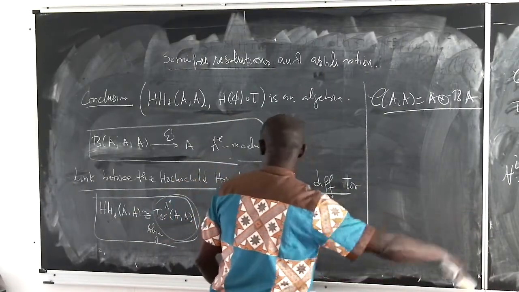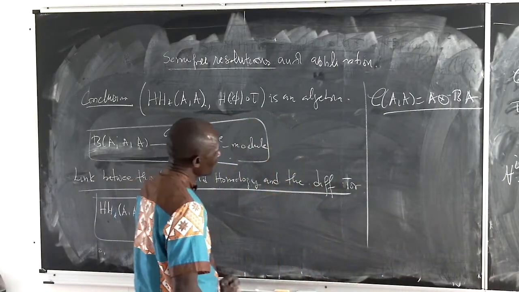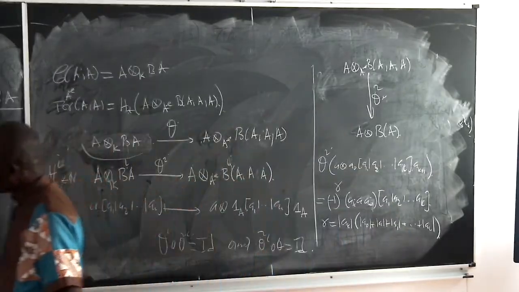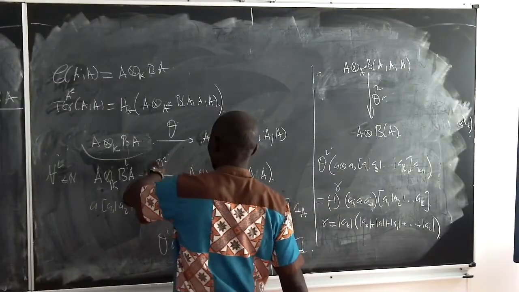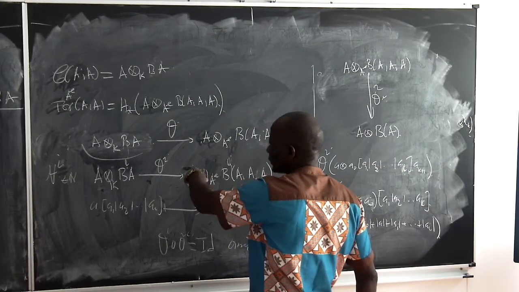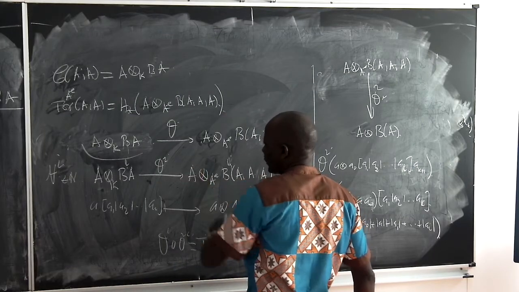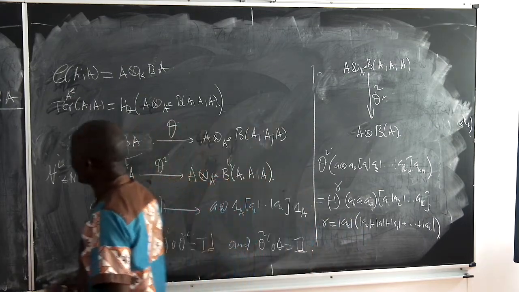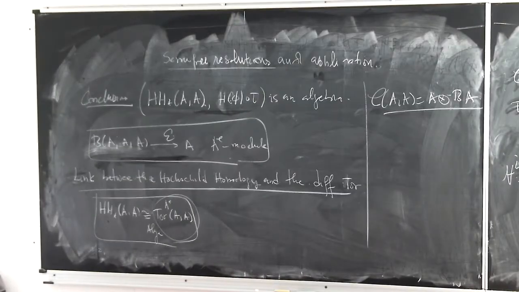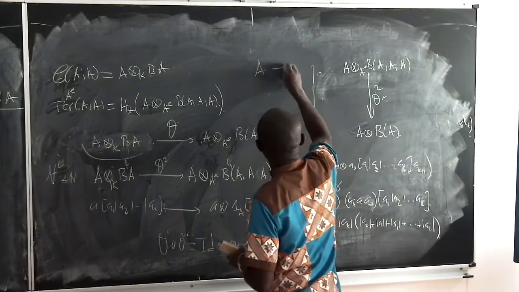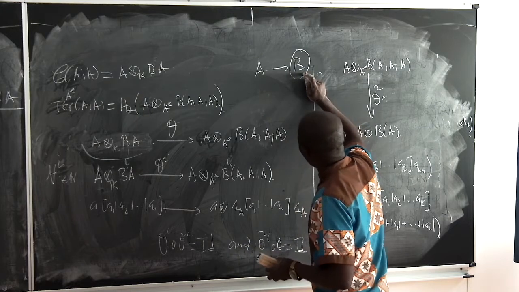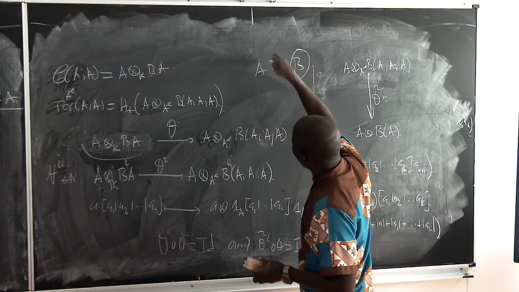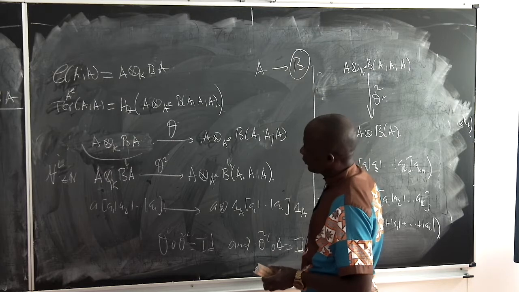The homology on the right side we have this, and this map is a bijection, but we need to show that this bijection is compatible with the product. What I will do here is to define a product here, because when you have a bijection between two sets, if there is an algebra structure here, that algebra structure will be transferred here via this bijection.